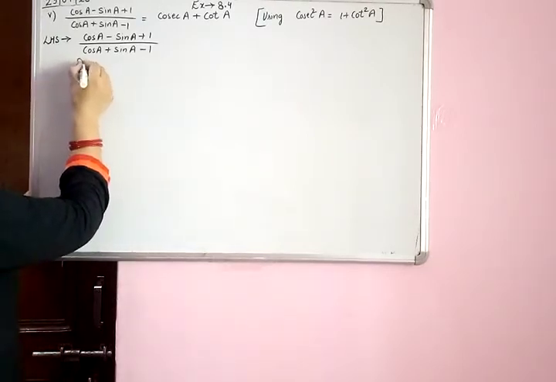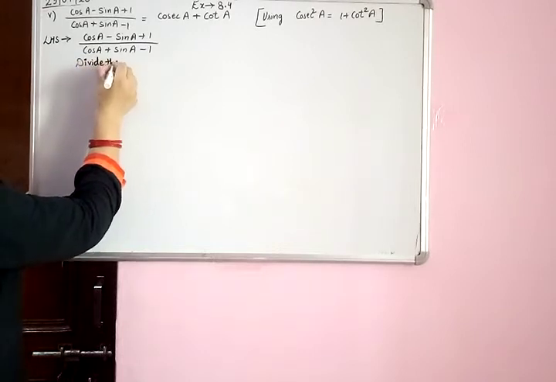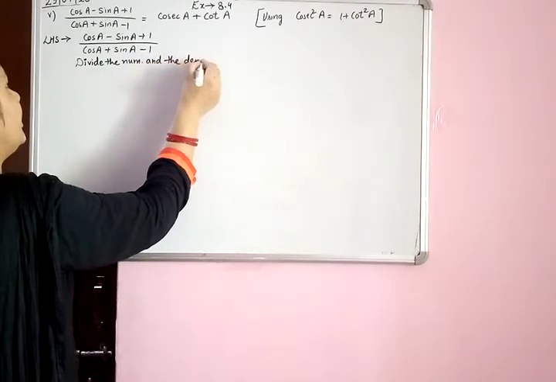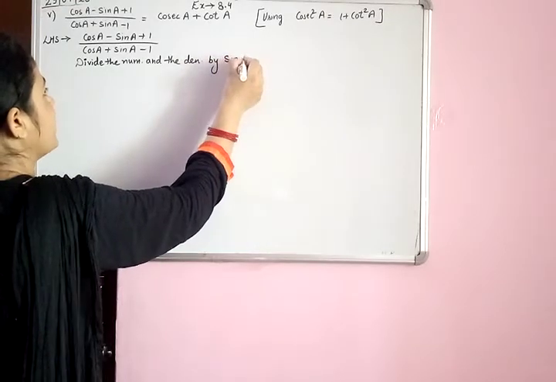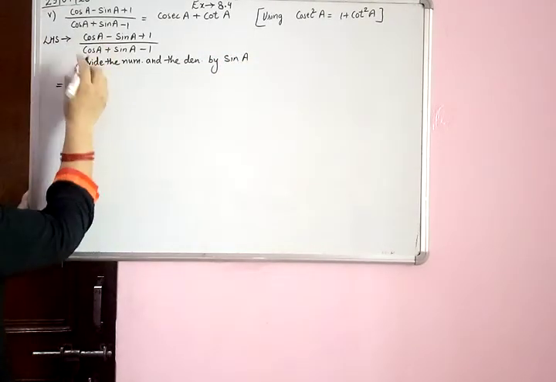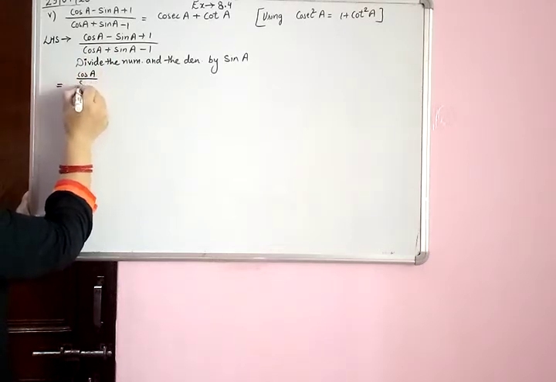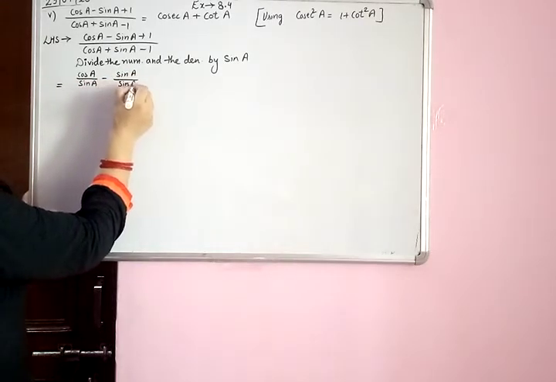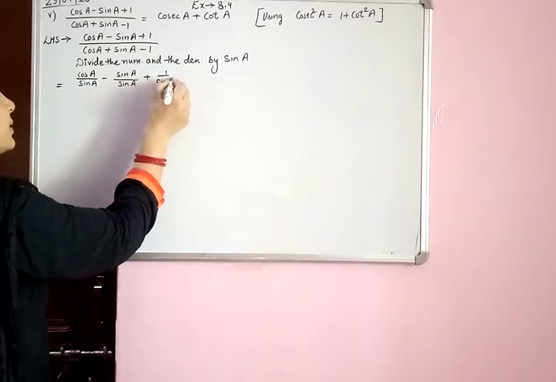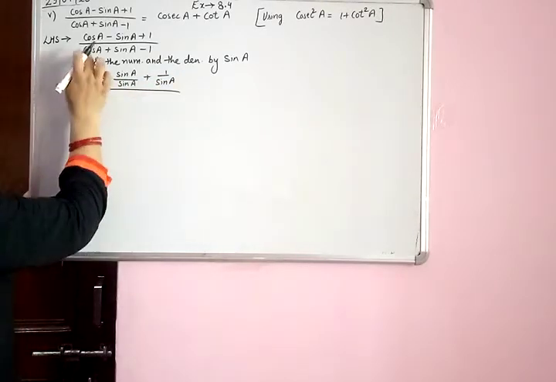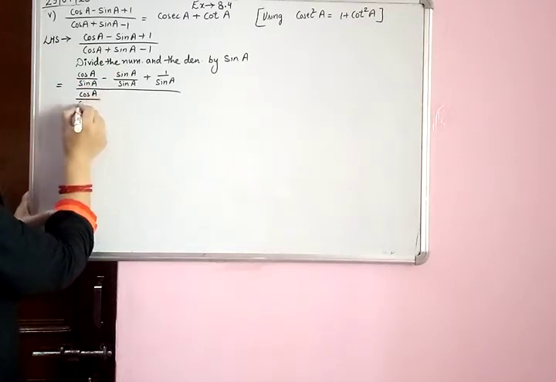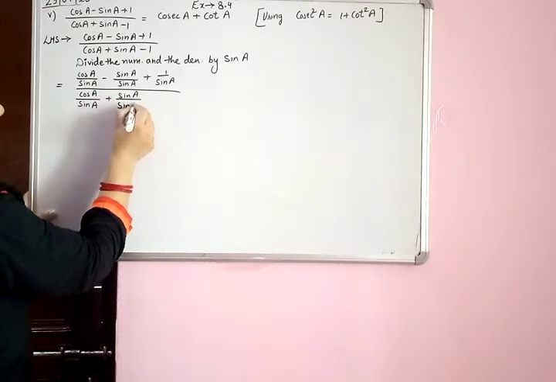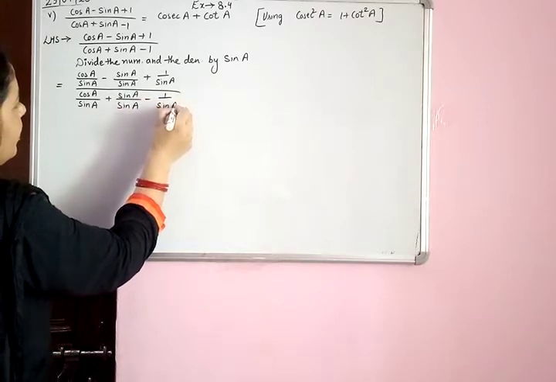So divide the numerator and the denominator by sin A. Look here: cos A upon sin A minus sin A upon sin A plus 1 upon sin A, upon, in the denominator, cos A upon sin A plus sin A upon sin A minus 1 upon sin A.